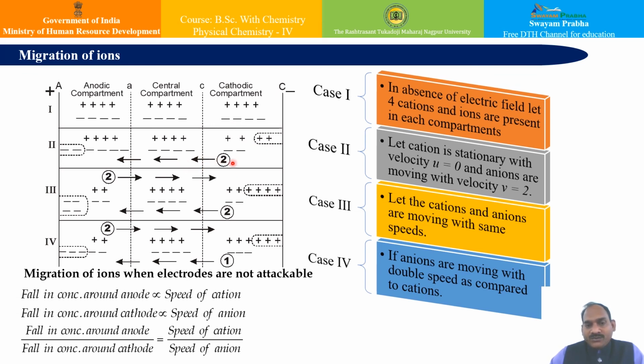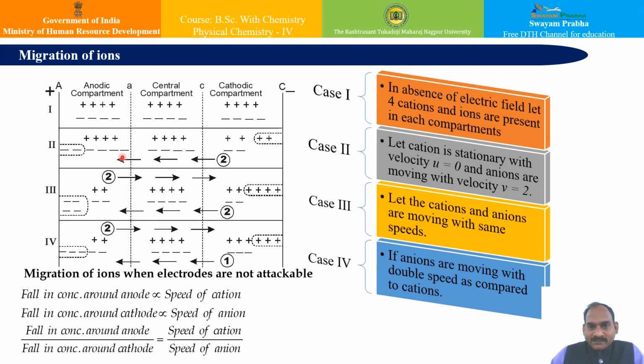Now say in a unit time, two anions migrate from the cathode compartment to the anode compartment.